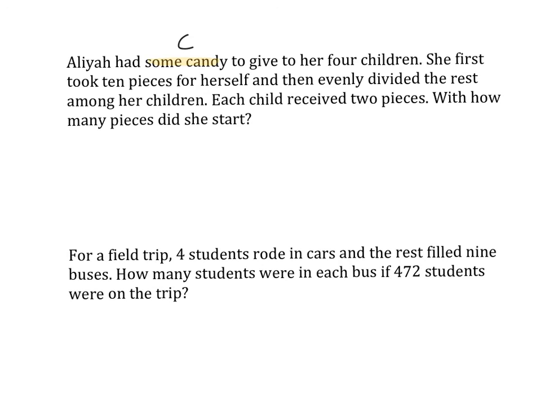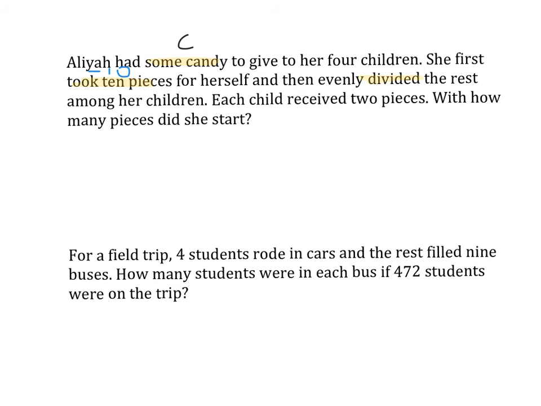She first took 10 pieces, okay? Well, taking 10 away from however much she had, C, that's going to be subtracting. She took 10 pieces, so we're subtracting 10 for herself, and then evenly divided. Oh, that's a good keyword, so I'm going to highlight that one.